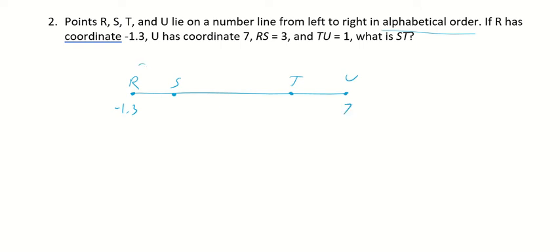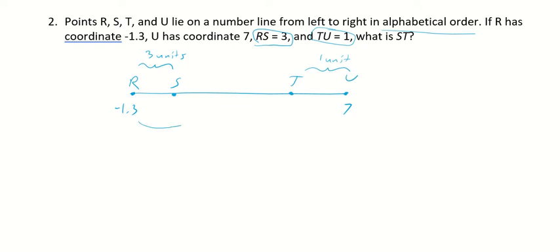Then they give us some distances. The distance from R to S is 3 units. And again, we know their distances because RS is written next to each other with no symbol above it. And TU is a distance of 1 unit. So there are 2 ways you could answer this question.